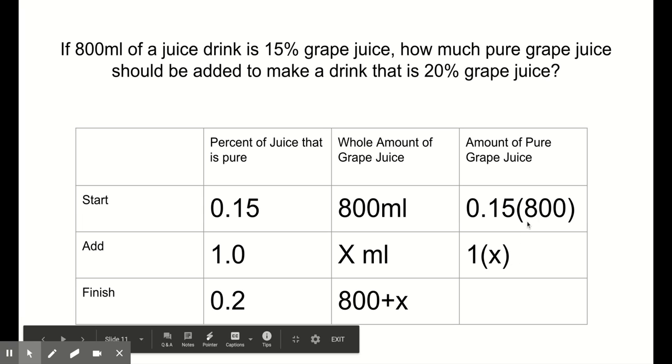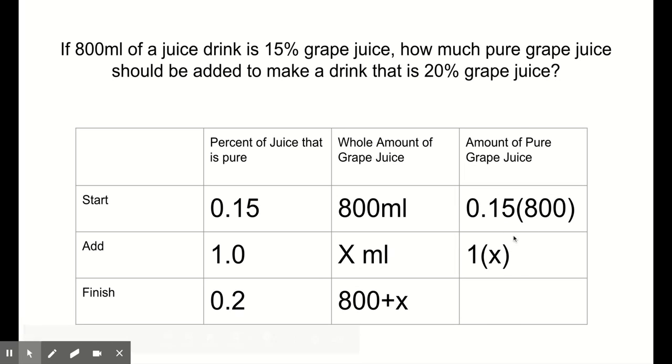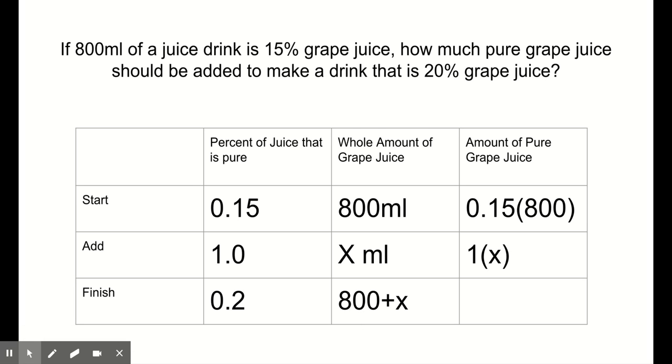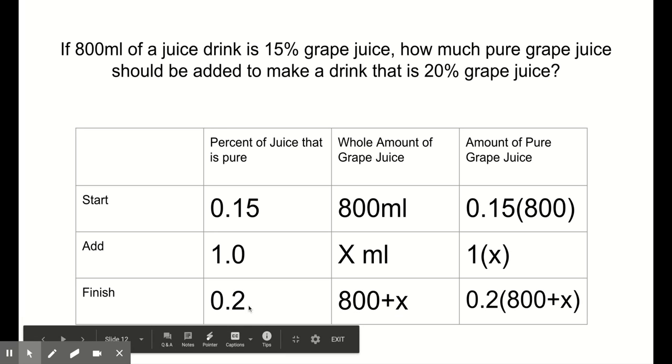And we also know two things. Actually, once we're looking at this final square is where everything comes together. You have a few different choices about what you can put here. We could add up these two cells and write that in here, or we can multiply across for these two cells and put that in here. And then the other one you'll do with your equation. In this case, I decided to multiply the 2/10 times the 800 plus x and put that into this box here.